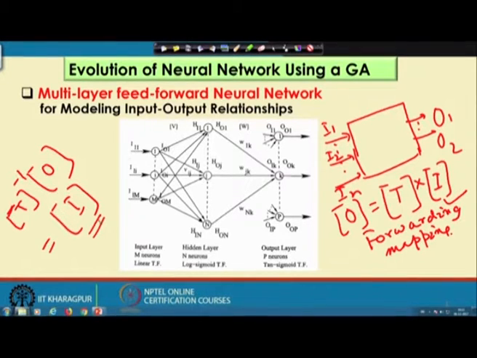And as I told, our aim is to find out what should be the set of inputs, so that I can achieve one desired set of outputs. So, if I know the inverse of the transformation matrix, very easily I can find out what should be the set of inputs.